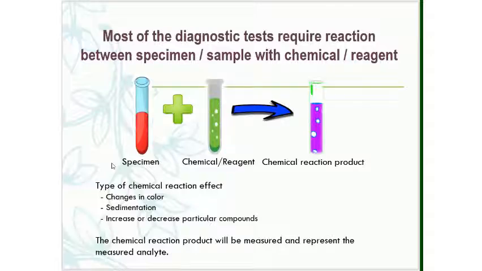Specimens will be added to certain chemicals or reagents that react with the compound of interest in the specimen, which we call the analyte. The reaction between the chemical or reagent and the analyte will happen. Types of chemical reaction are such as changes in color, sedimentation, increase or decrease of a particular compound, and it will produce the chemical reaction product. The chemical reaction product then will be measured and represent the measured analyte.